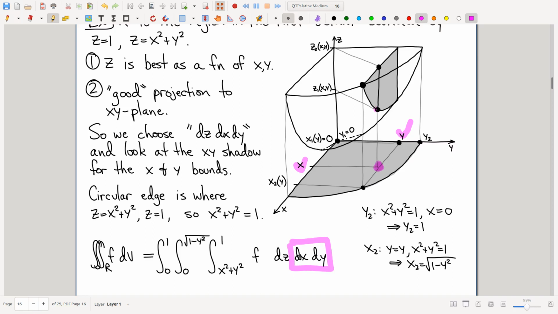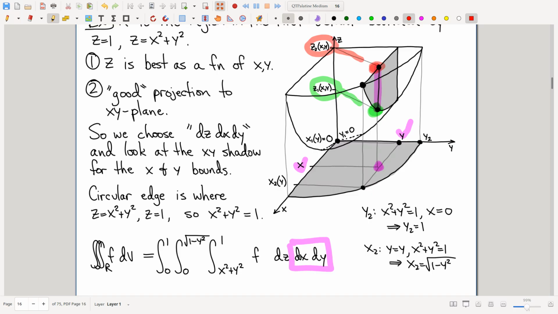That single point in the shadow looks like this. And I just need to know where does z start, right? So I need to look at this sort of starting value and ask, well, what's the corresponding z there? And then I just need to know where does it end? Well, it ends when I get there, and I need to know what is the corresponding value of z there. Z1 and Z2, those are my inner bounds.